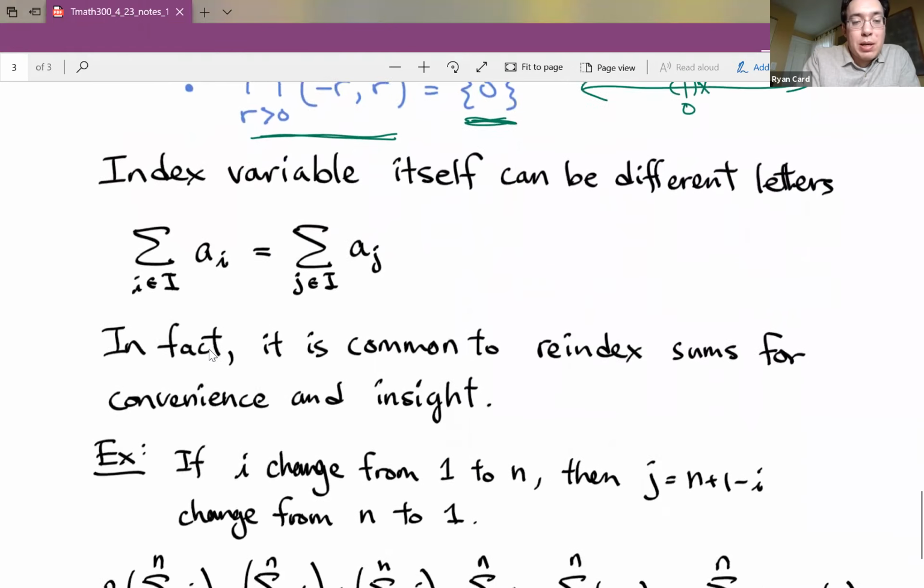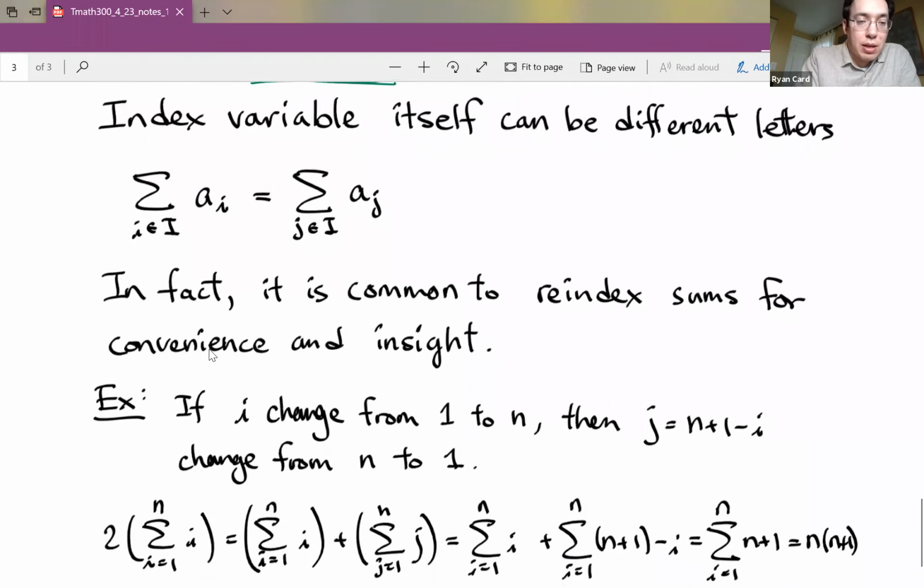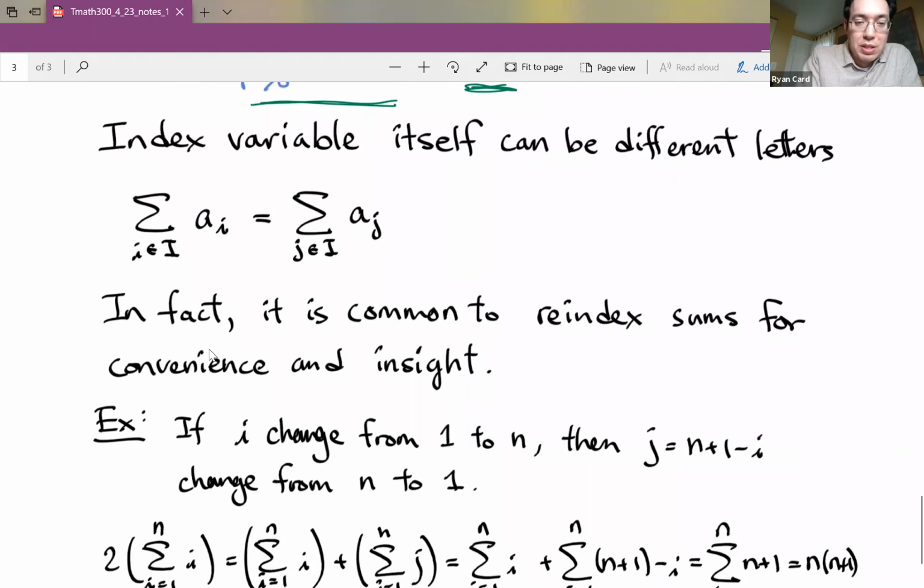One thing I want to mention about summations and products and these unions and intersections is that the letter we use for indexing doesn't really matter. You could use different letters for the index as well. If you write the summation with the letter i or the letter j, as long as you're not changing the numbers you're adding, it doesn't matter. They mean exactly the same thing.